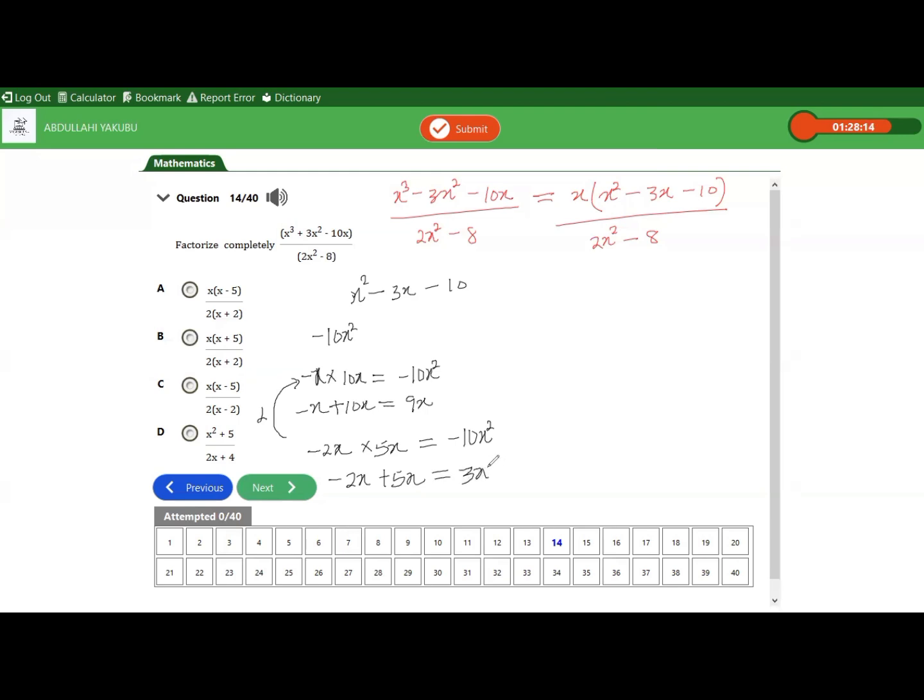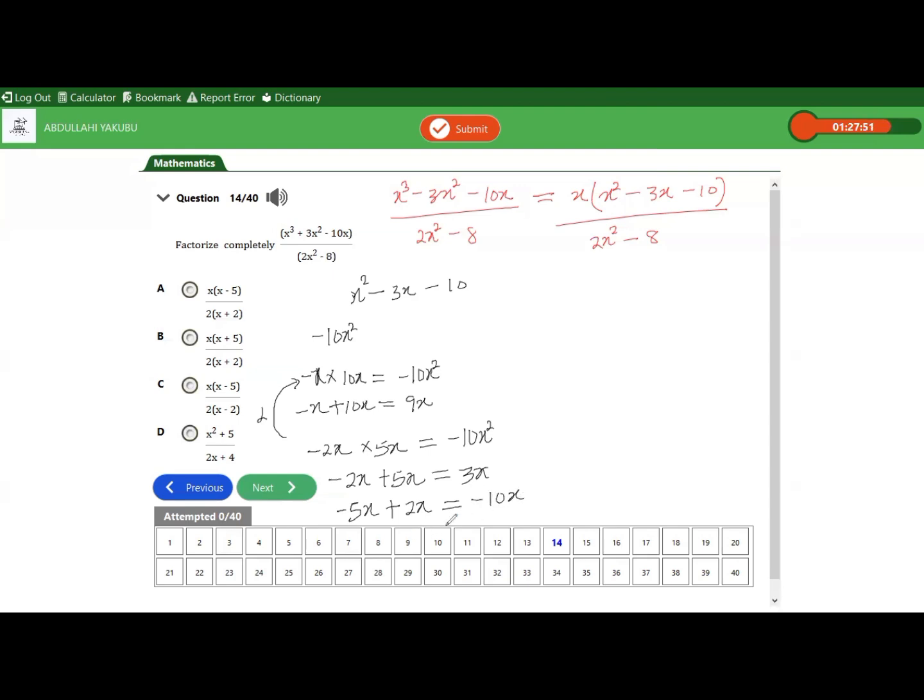And we're looking for minus 3x. So let us interchange the sign. Instead of saying minus 2x, let's say minus 5x. Then let's make this one minus and make this one plus. Let's interchange the sign. Minus 5x plus 2x. It will still give us minus 10x squared.